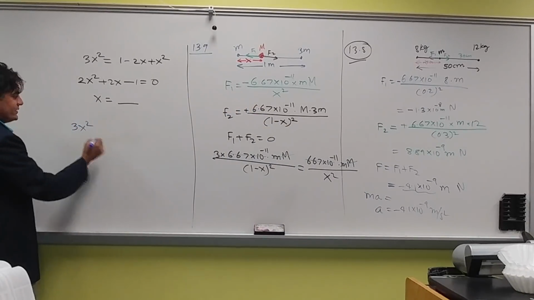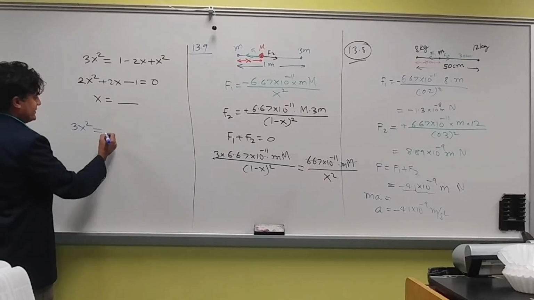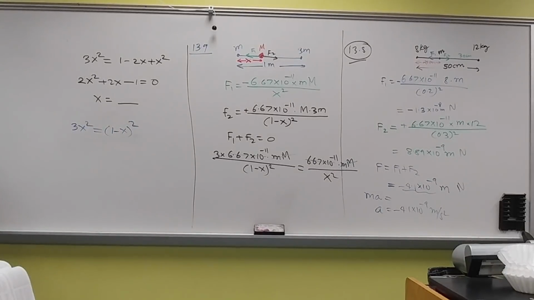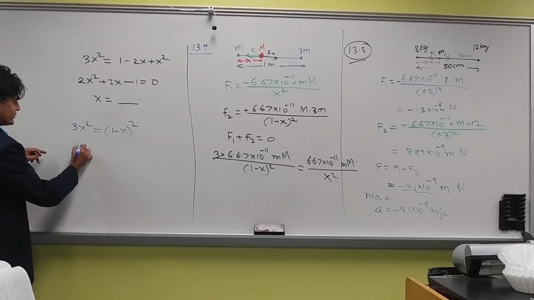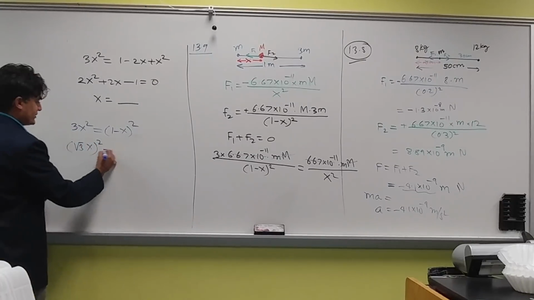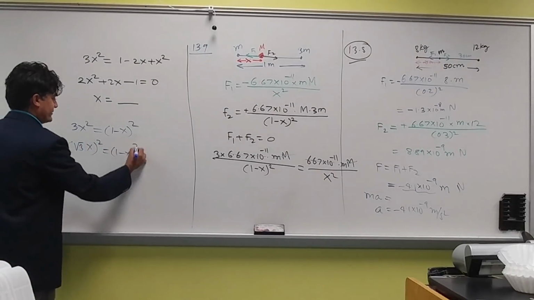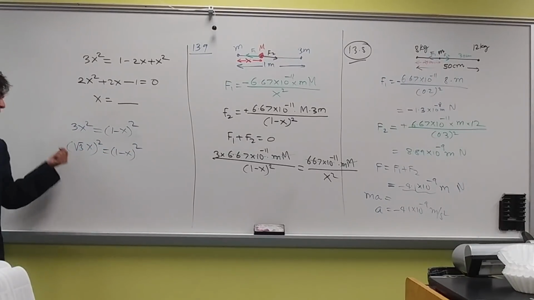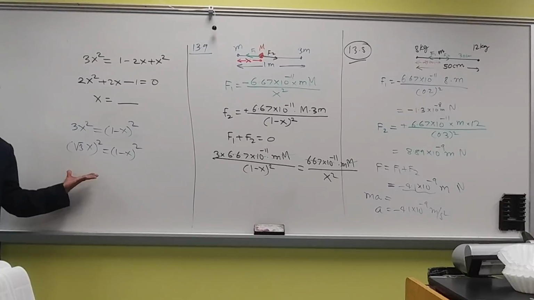Look here. 3x squared equals 1 minus x and then square. What I can do is take the square root of 3 times x and then square, equals 1 minus x and then square. Can I cancel the square? Yes, but you have to use plus and minus on at least one side.